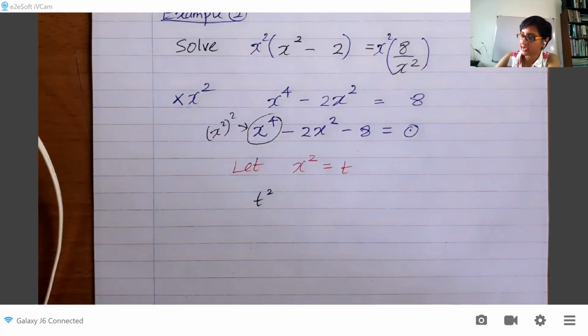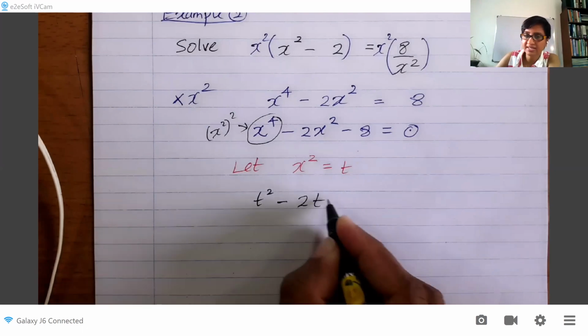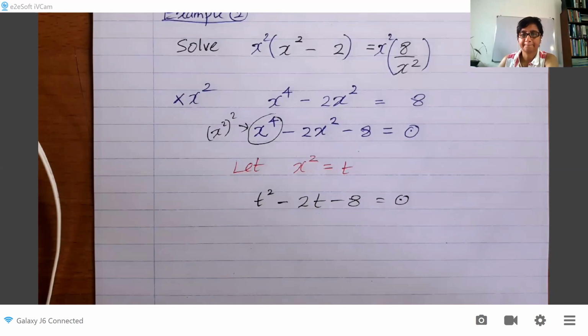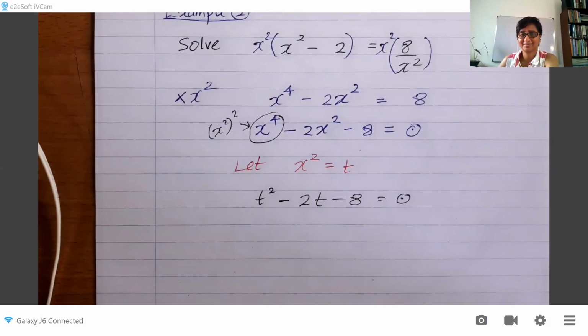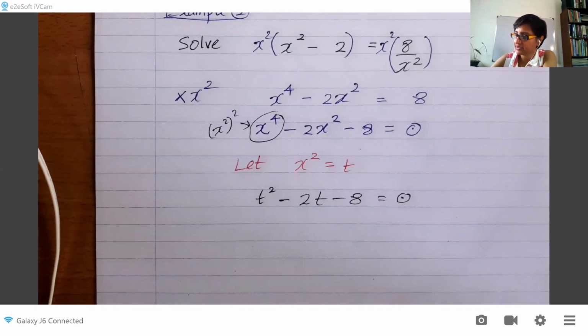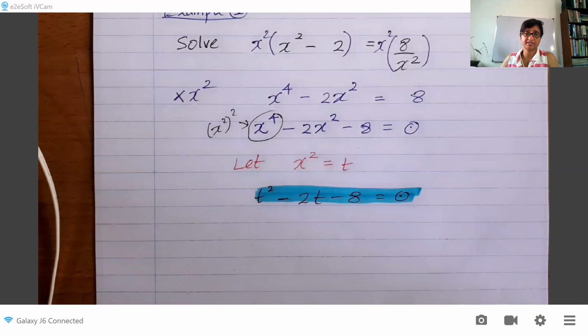So that is t squared minus 2t minus 8 equals 0. That's a quadratic. Originally it was not a quadratic, but now it is a quadratic.